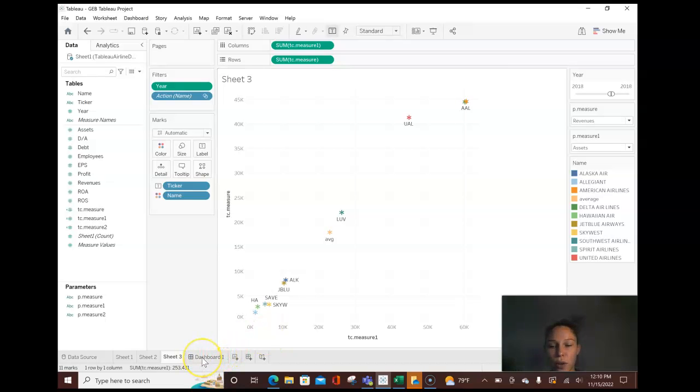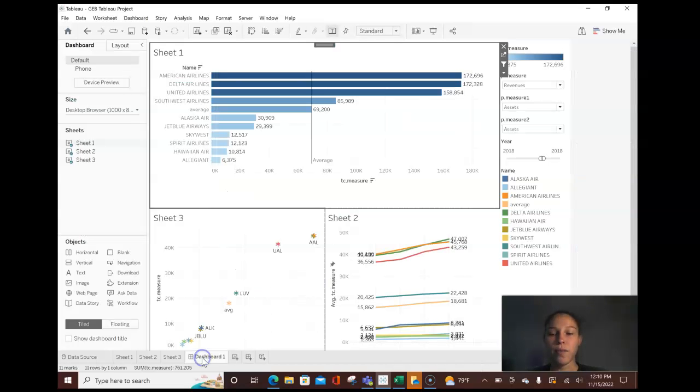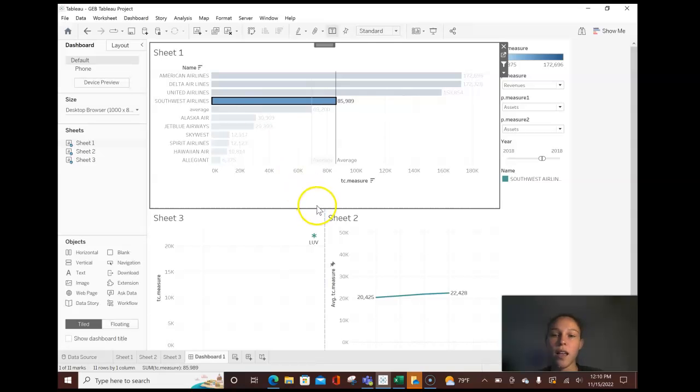And here we're going to look at the dashboard, which is just a compilation of all the sheets that we made today. And we could see that if we want to look at, let's look at Southwest Airlines, and we press it here. And this filter will allow us to look at Southwest, just Southwest.